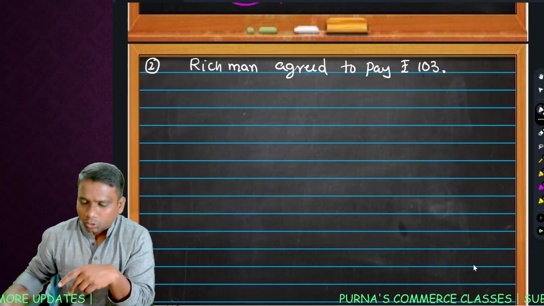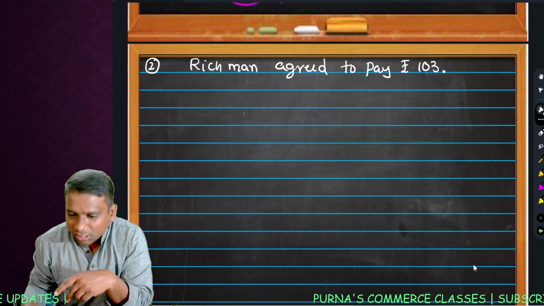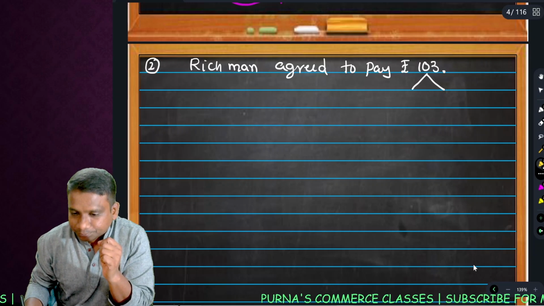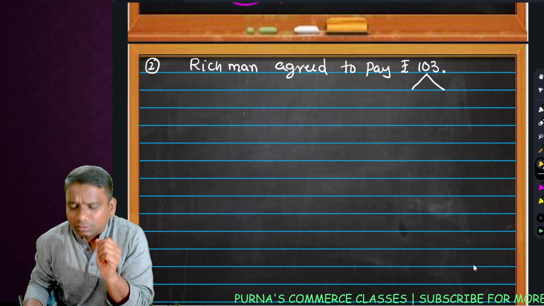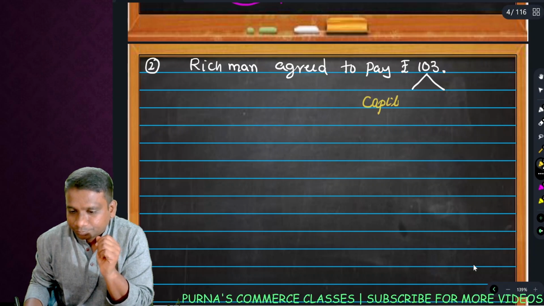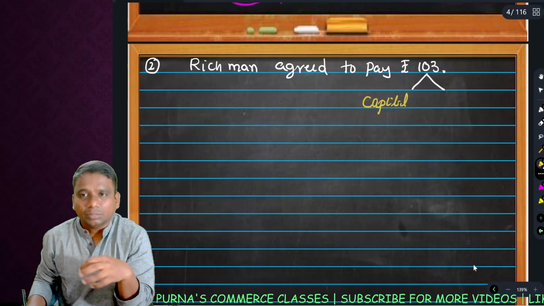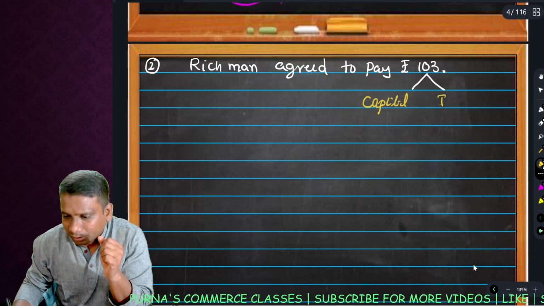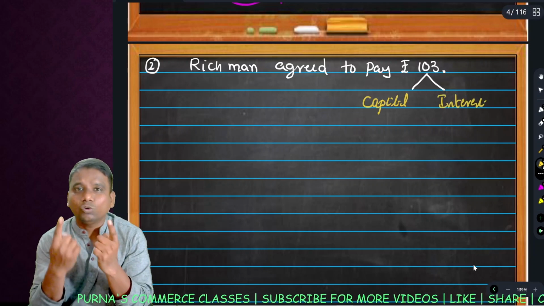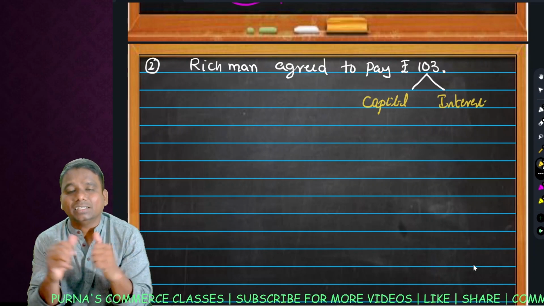Okay. So this 103 rupees, now you tell me, includes what? This 103 rupees includes capital, that is nothing but investment, and interest also. Earlier 102 excludes interest.